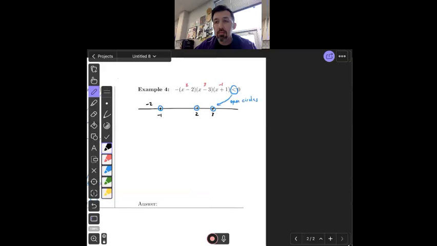I need a number that's between -1 and 2, like 0. I need a number between 2 and 3, so I have to do something like some decimal. And then I need a number that's bigger than 3, like 4. Okay. Doesn't matter what number you pick as long as it's within the interval. You cannot pick the endpoints though. Even if they were closed circles, you cannot pick the endpoints.